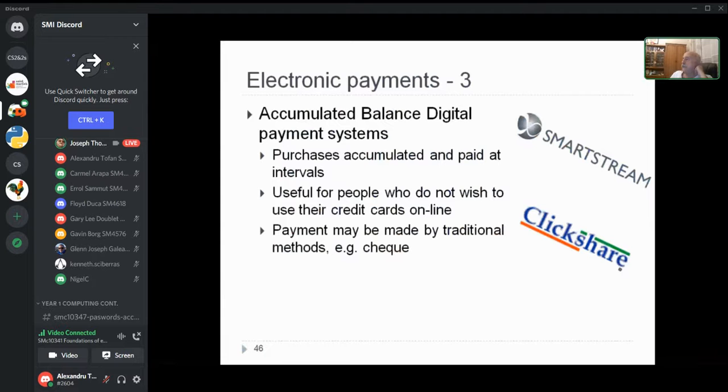So the same concept applies as with a credit card. Your transactions are accumulated, and at the end of the month, you pay your bill. You pay your credit card bill. This has the same concept, but without using your credit card. Your purchases are accumulated, and then at the end of a period, you make your payment by traditional methods.